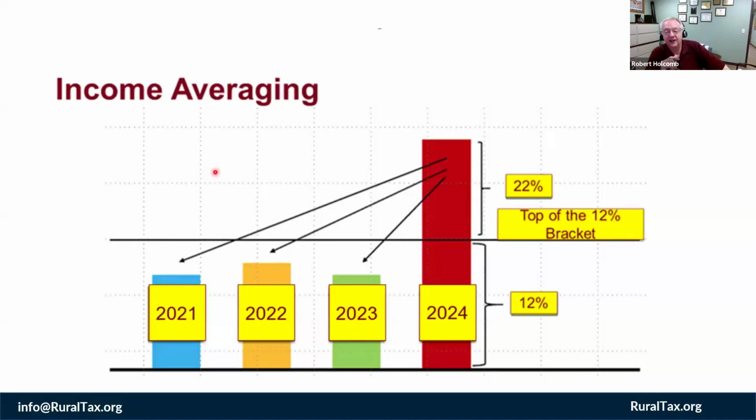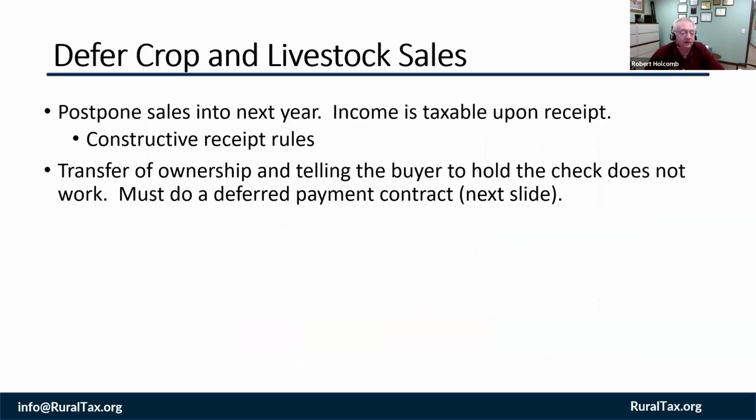The rules say we have to put an equal amount into each year. So, say if I wanted to put 30,000 back, I'd have to put 10,000 back into 23, 10,000 back into 22, 10,000 back into 21, and we get a blending of the rates that way. That's the whole idea behind income averaging. It's an easy form to fill out. It gets filled out on Schedule J, and it's something that your tax professional should be doing for you.